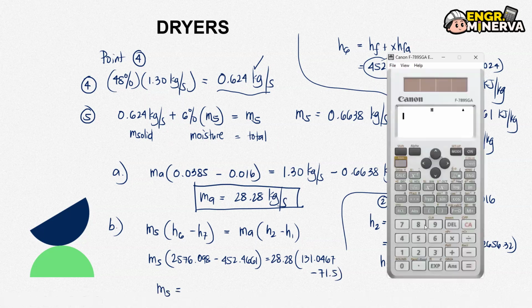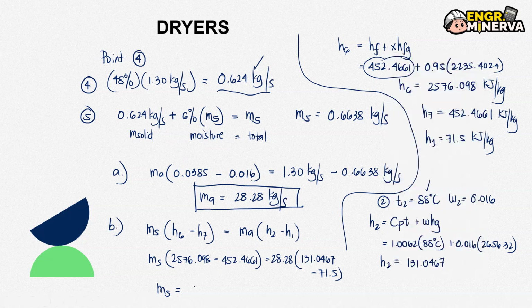That's why there is steam here, because we are using steam to heat the air. So the mass of steam would be 0.793 kilograms per second. So that is our answer.